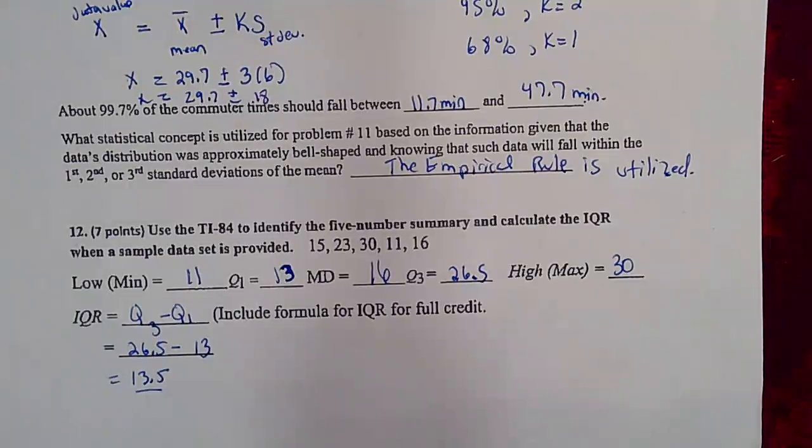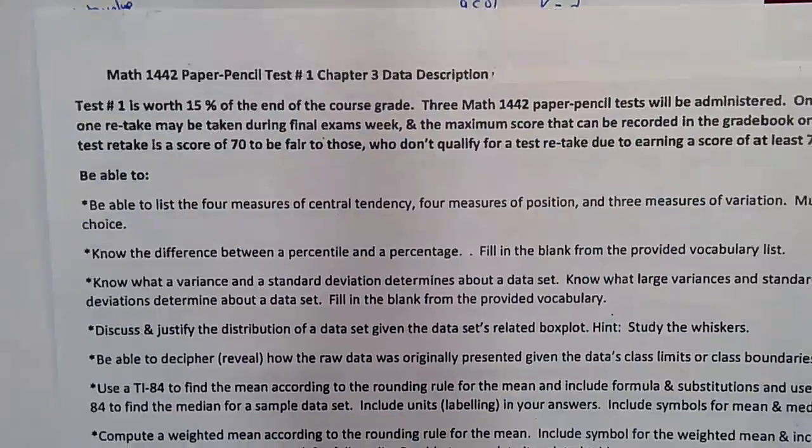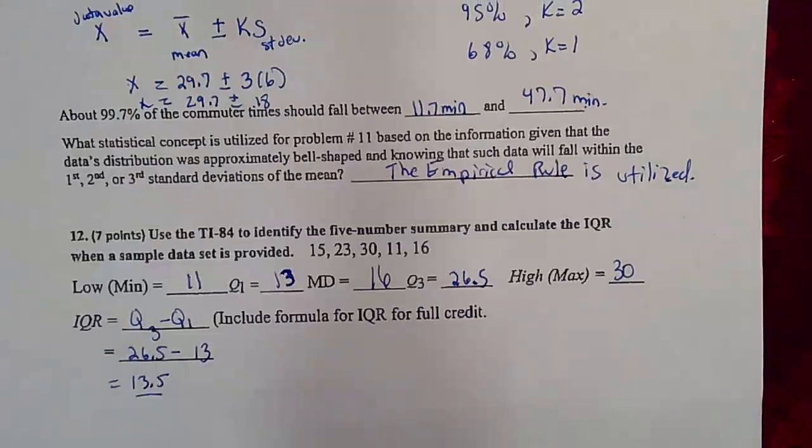Main thing was about the IQR. And let me just see if I have anything on this sheet. These are all the things that you're doing on your test. Let me just see if I have anything here about IQR.